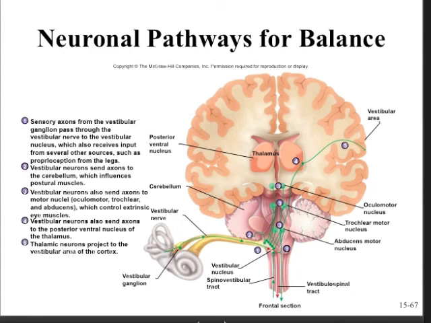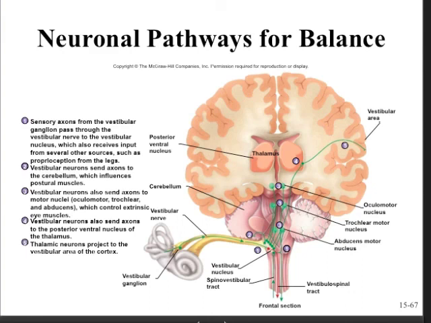The vestibular neurons also send axons to motor nuclei, primarily the oculomotor, the trochlear, and the abducens. And remember, what those are responsible for is moving the eyeball and the eye socket. So this allows our gaze to track with our movements. The vestibular neurons also send axons to the posterior-ventral nucleus of the thalamus, which in turn projects to the vestibular area of the cortex, which lies in the parietal lobe.